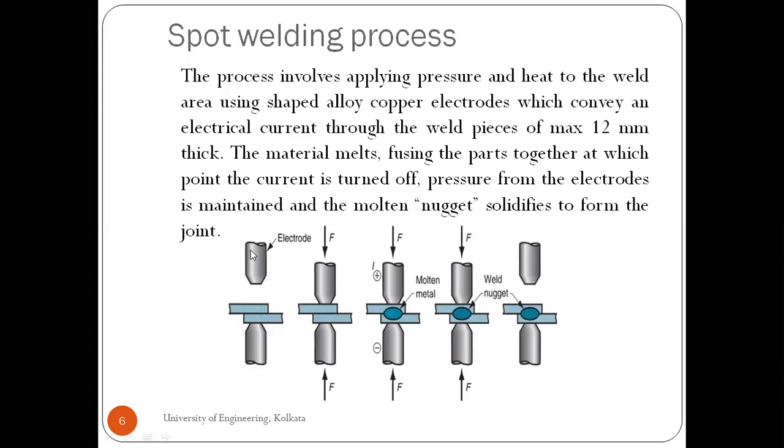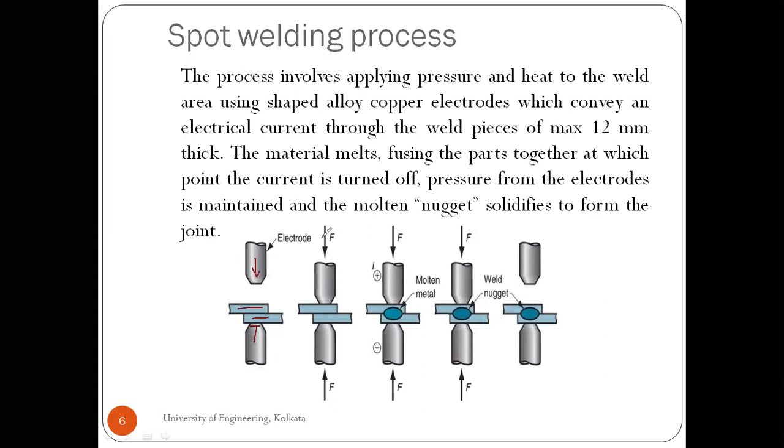So you can see here, this is the support which is given. So I'll again use the tools here. So this is the support which is given here by the lower part of the electrode. The two metals are placed in overlapping nature. This electrode is moved in the downward direction and a force is applied.